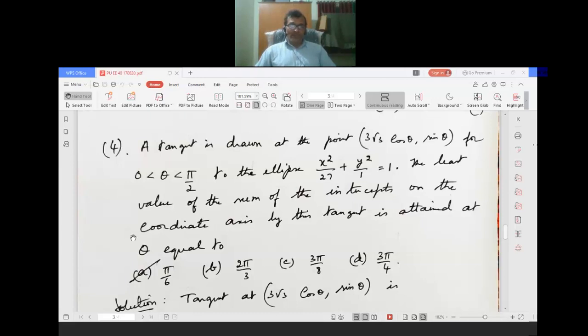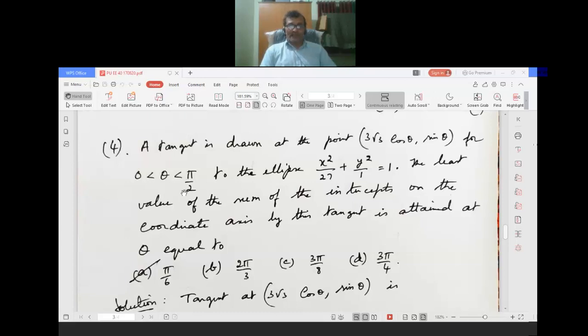The least value of the sum of the intercepts on the coordinate axis by this tangent is attained at θ equal to: a) π/6, b) 2π/3, c) 3π/8, d) 3π/4.